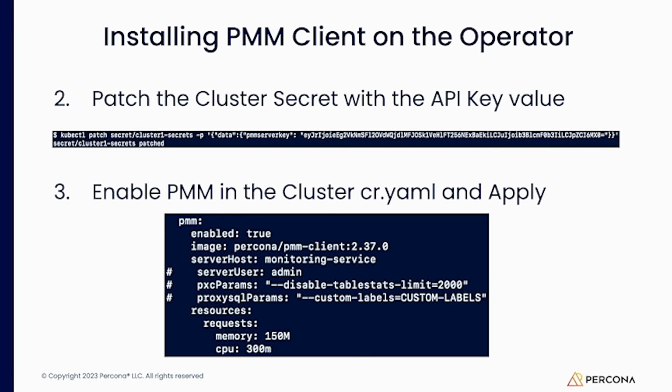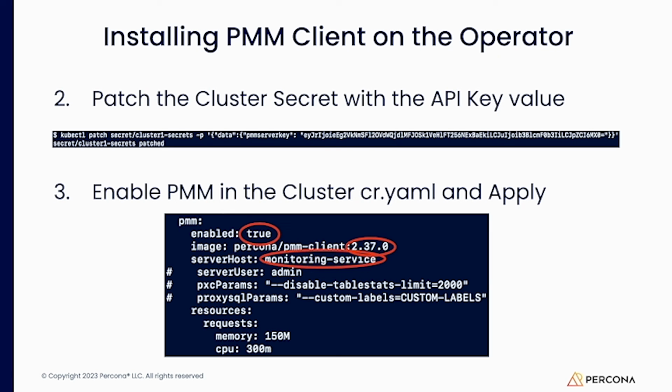Once it's done, you have to enable PMM in the cluster CR file and apply it. You go to the PMM section and change enabled to true. You set the image version there for the PMM client, and you point the server host to the PMM service, the PMM exposed Kubernetes service, like that.